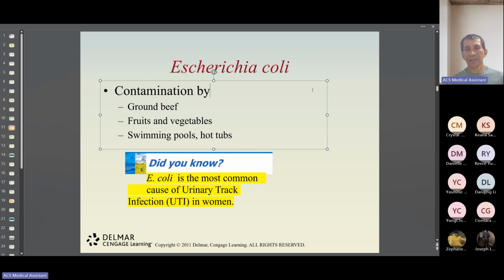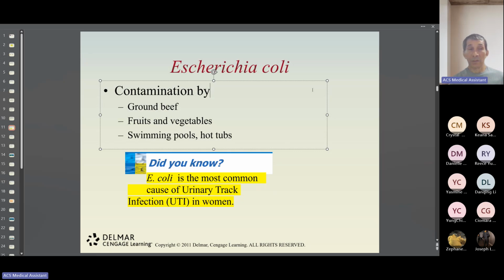The most common offender, the most common bacteria that causes urinary tract infection. Now, we're not discriminating, okay? Why in women? Because of anatomical structures: the urethra is very short, and the urethra and the anal canal are very close.